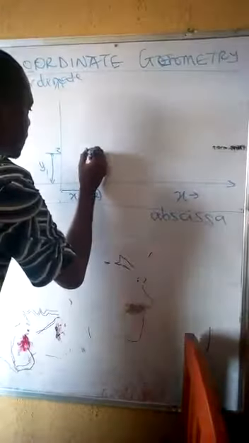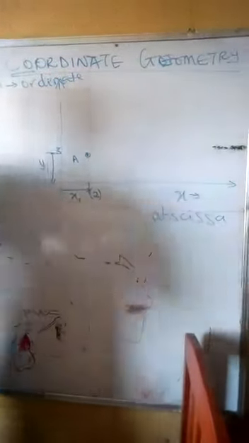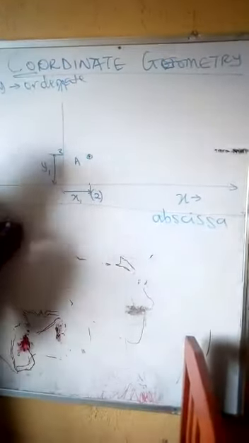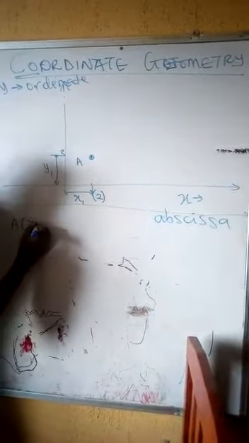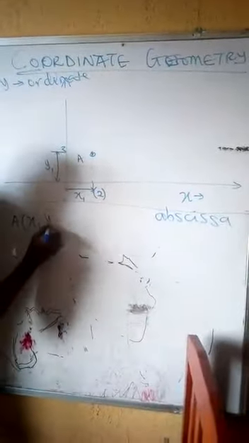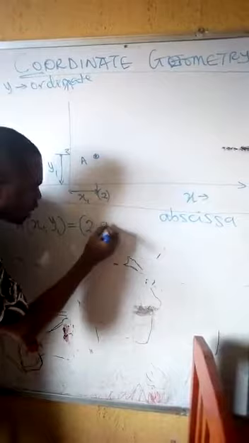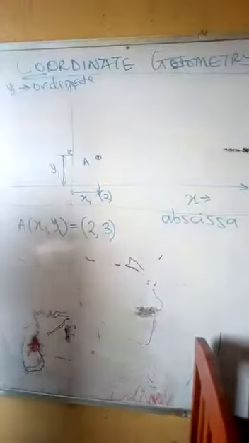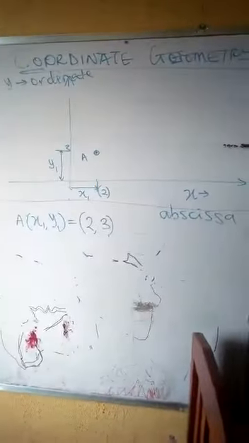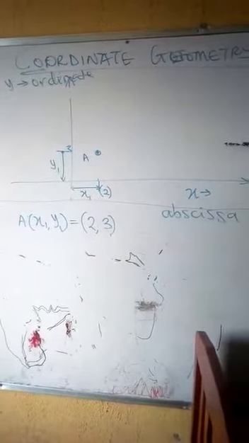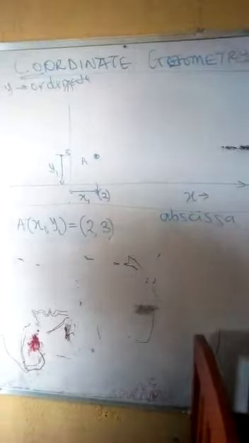Let's call it point A, with coordinate x1, y1, that is where x equals to 2 and y equals to 3. Alright?